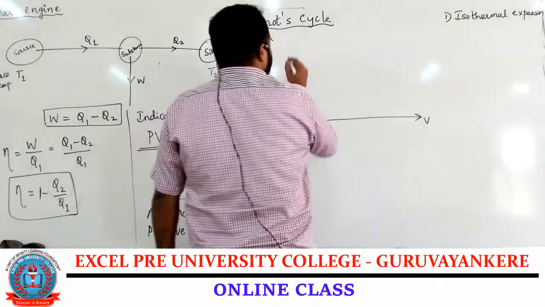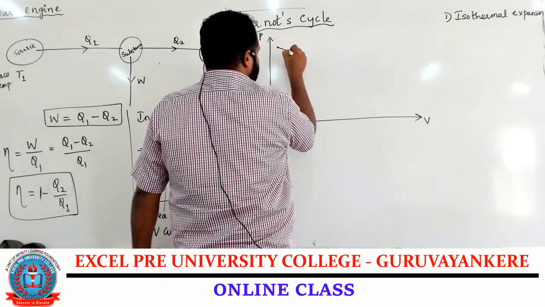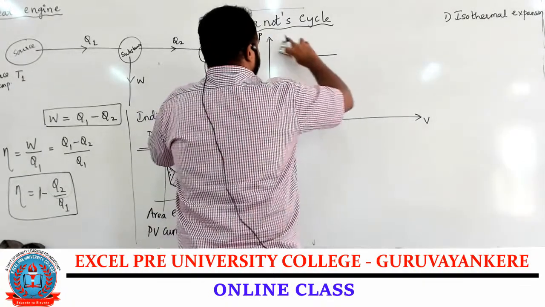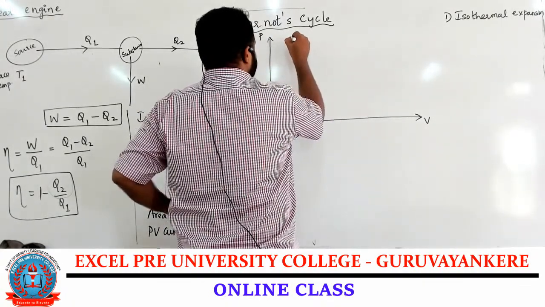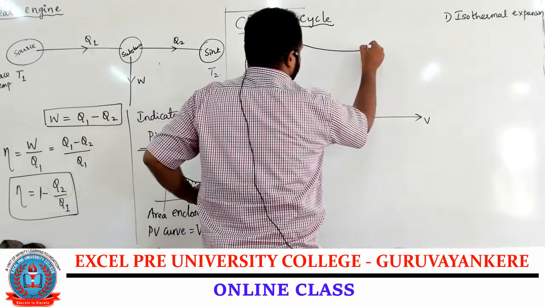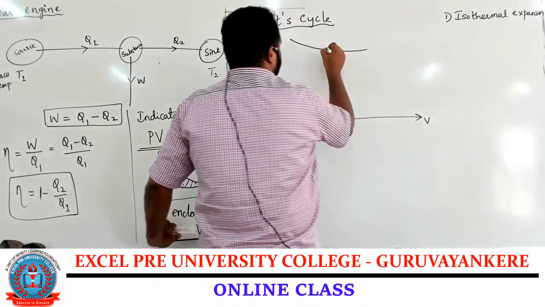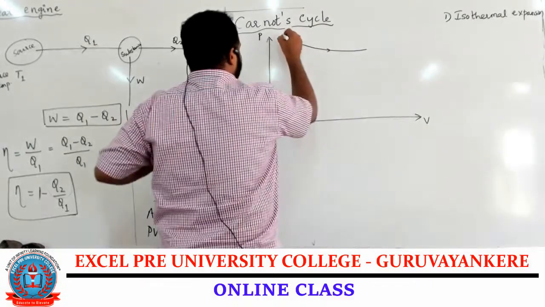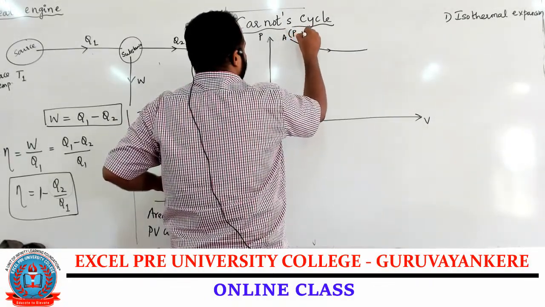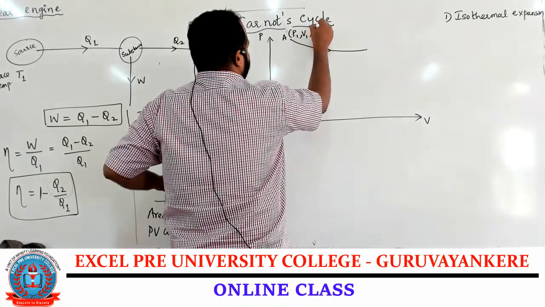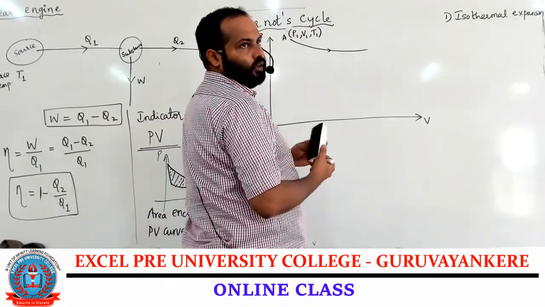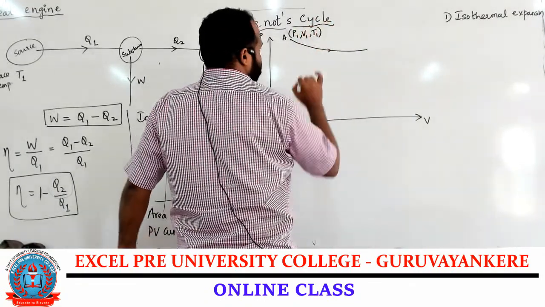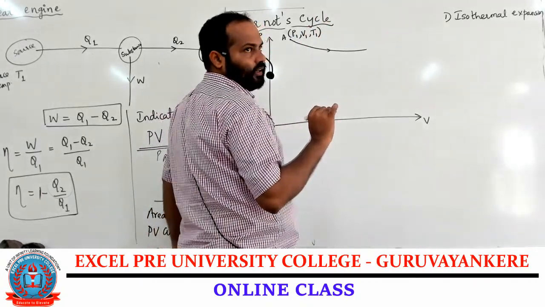Isothermal expansion, where the pressure decreases slightly as the volume increases. So you start from point A, where you have the pressure P1, volume V1, temperature T1. So that is P1, V1, T1. Is that clear?